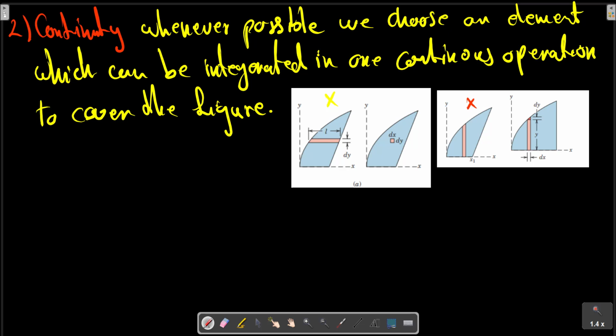The next note is discarding the higher order terms.